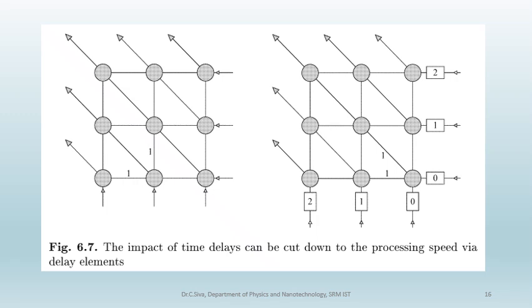To align the results temporarily, delay elements are inserted in the data paths. These ensure that all the processing elements produce output simultaneously, enabling consistent pipelining. Although the final output is delayed, throughput increases because new inputs can be introduced every clock cycle once the pipeline is full.